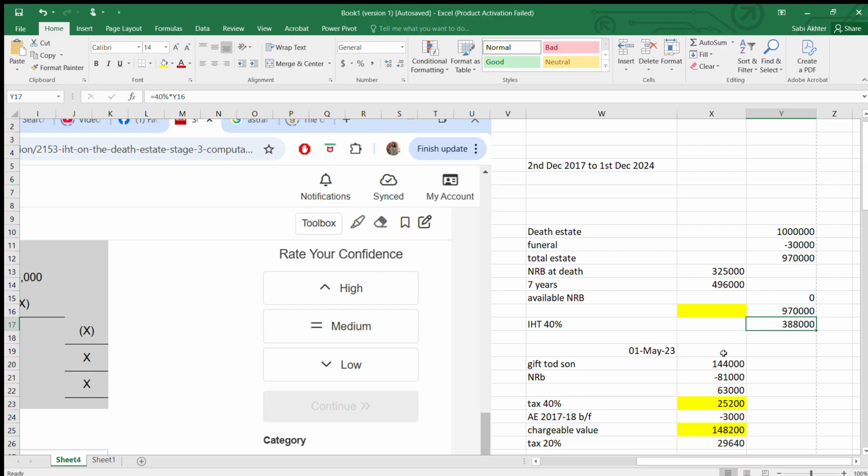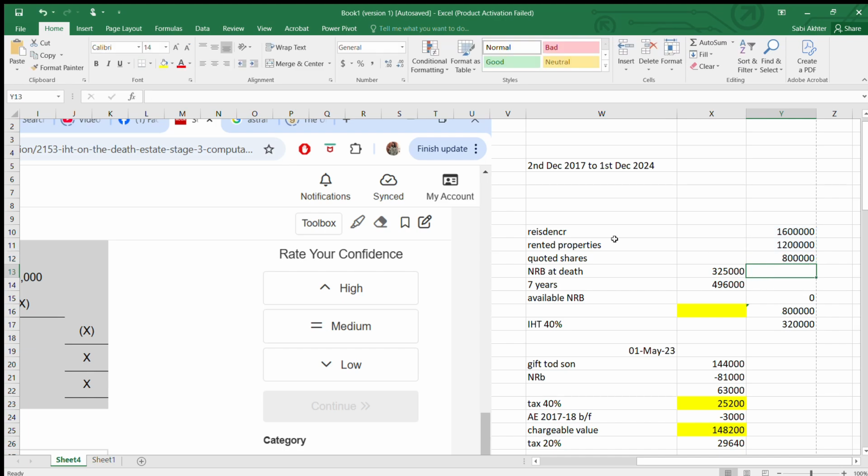So here the estate we are going to include: the main residence 1.6 million. Then we have rented properties 1.2 million. Then we have quoted shares 800,000.